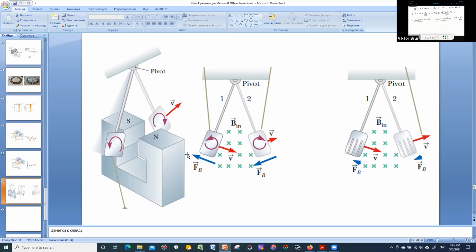It means we'll slow down its velocity, reduce its velocity.